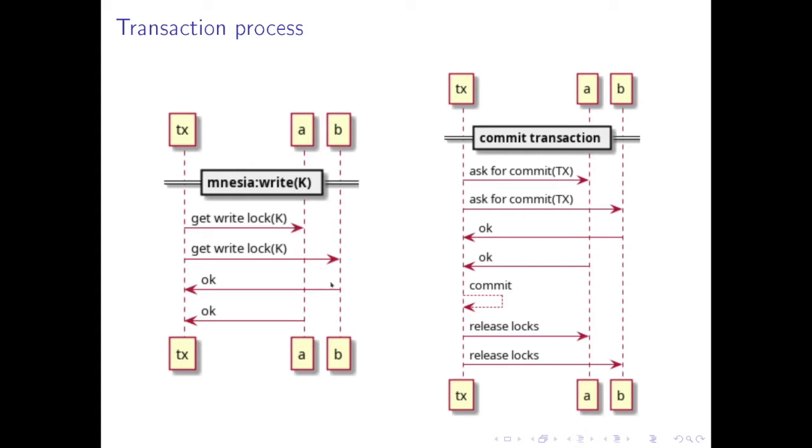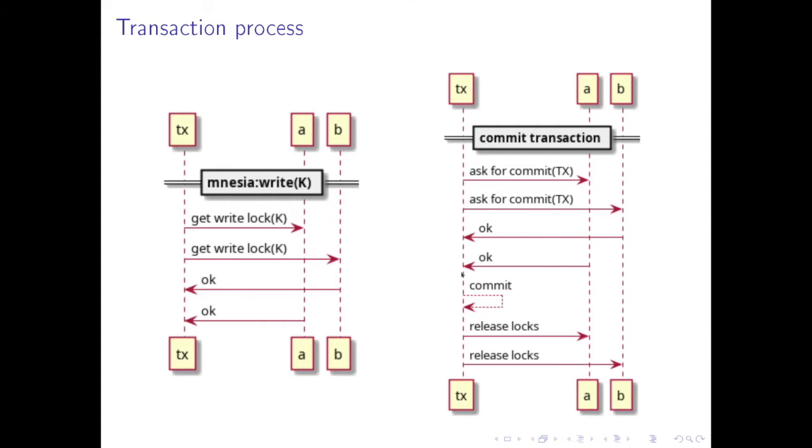Suppose the transaction was able to grab all the locks, we get OK, and we try to commit the transaction. So again, the transaction process has to negotiate with every node in the network.